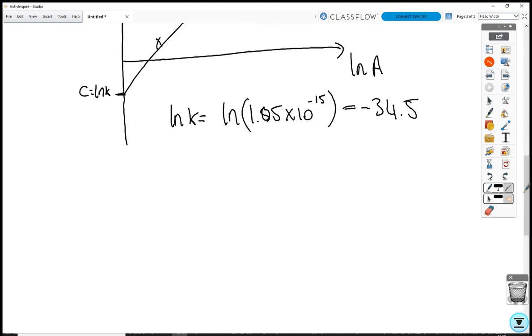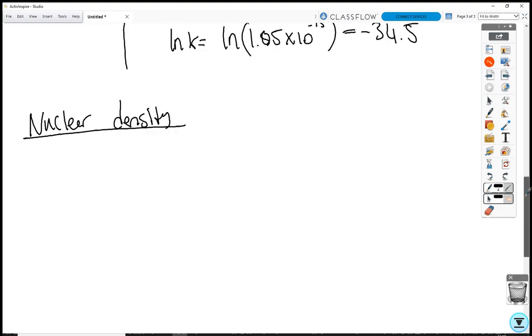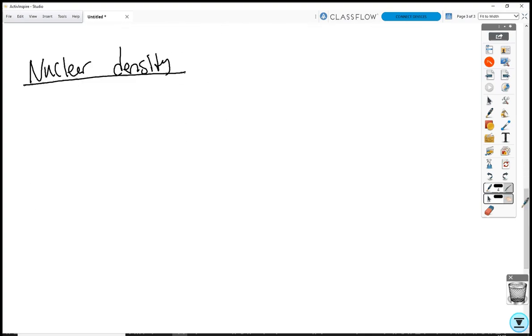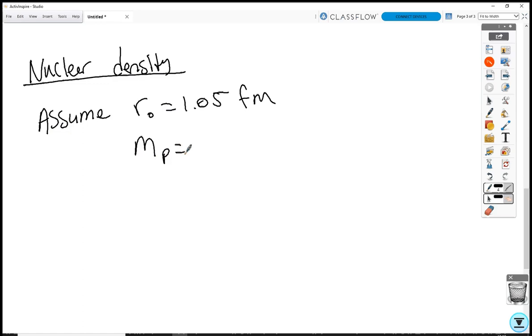Okay, and the final thing for today's lesson is nuclear density. So we start by assuming that R0 is equal to 1.05 femtometers and that the mass of the proton is equal to 1.67 times 10 to the minus 27 kilograms.